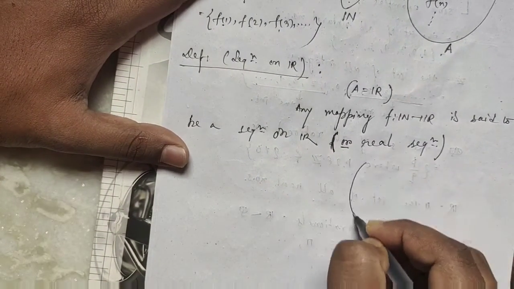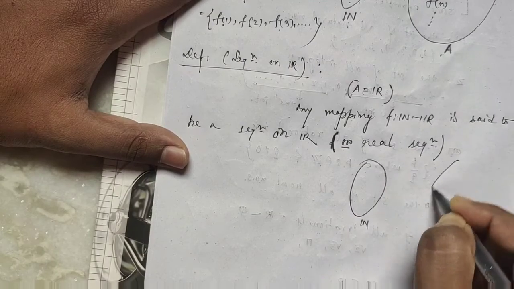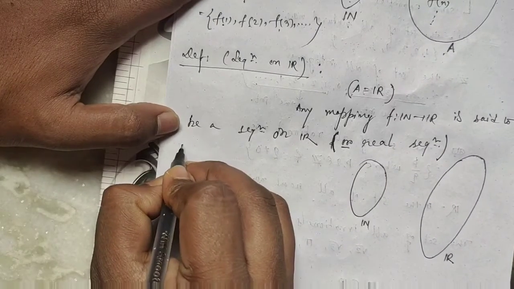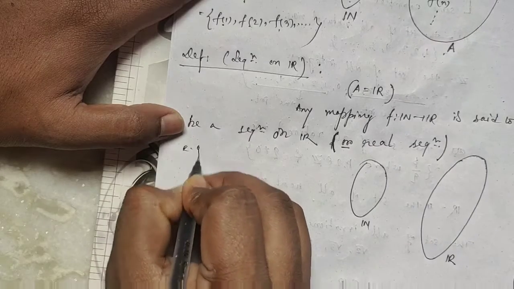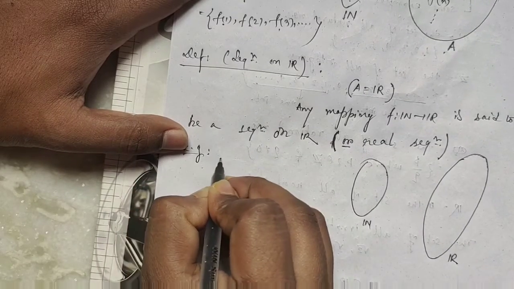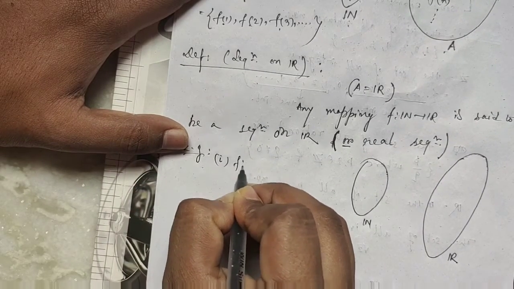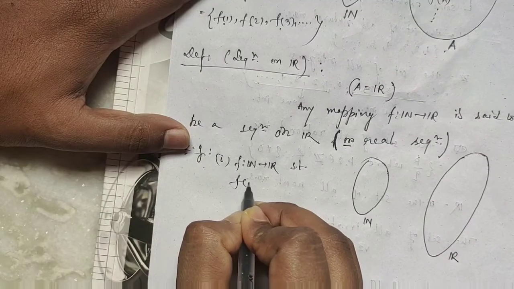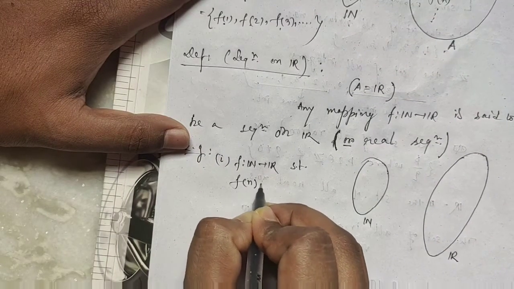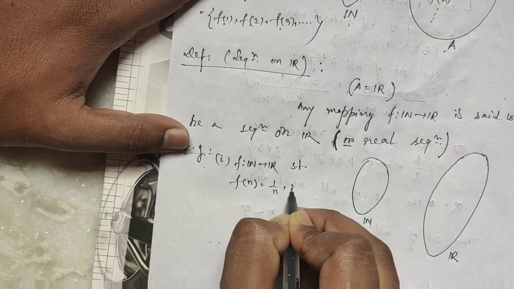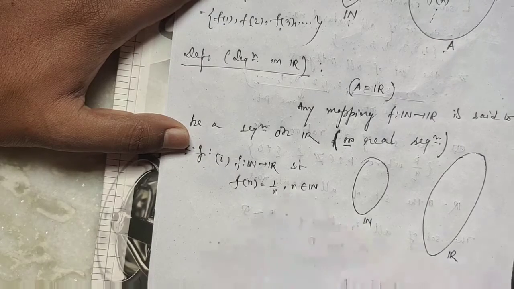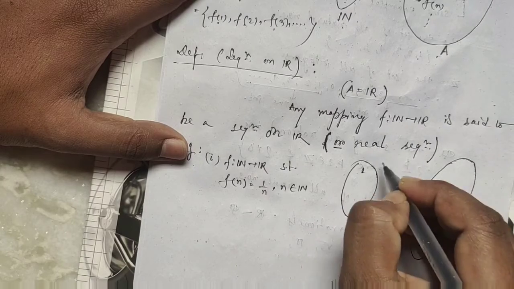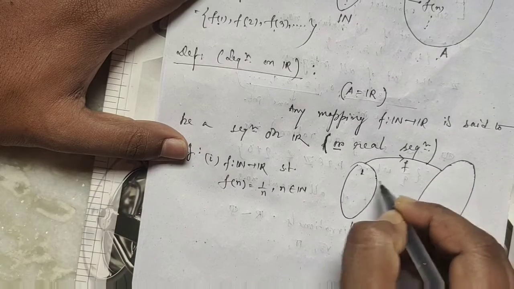That is, this is our N and this is our R. So we take an example, let f from N to R such that f of n equals 1 by n, n in natural numbers. For n equal to 1, this is the mapping f.